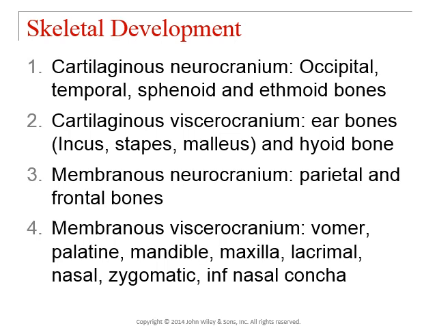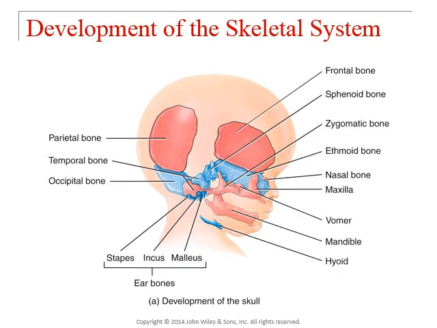So that leaves you with the rest of the facial bones for the membranous viscerocranium, including the vomer, palatine, mandible, maxilla, lacrimal, nasal, zygomatic, and inferior nasal concha. Here we see a nice representation of the development of the skull. Looking at just the neurocranium, the bones of the cranial vault, the cartilaginous neurocranium is going to be comprised of the occipital bone, the temporal bone, and the sphenoid and ethmoid, whereas the membranous neurocranium will include the parietal bone and the frontal bone.